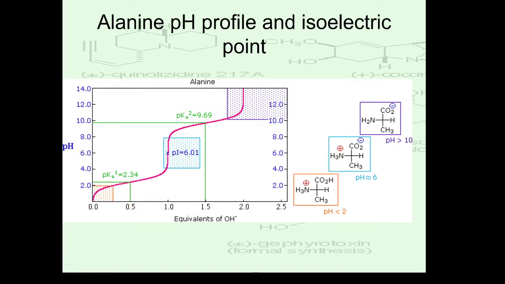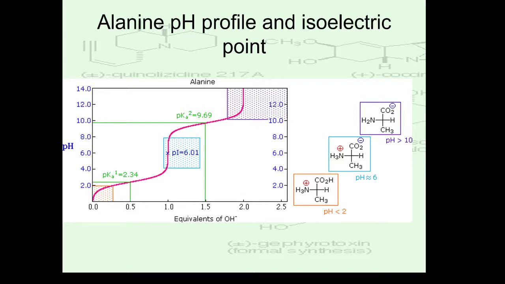How do I know what it is? Well, I could graph it, and I could do this in lab and measure the pH and so forth, and that's what they did here. Or if I'm given the pKa where my base end becomes charged, and the pKa where my acid end donated its protons, I take these two pKa's and average them, and I get the isoelectric point. 9.69 plus 2.34, averaged, is roughly your 6.01.